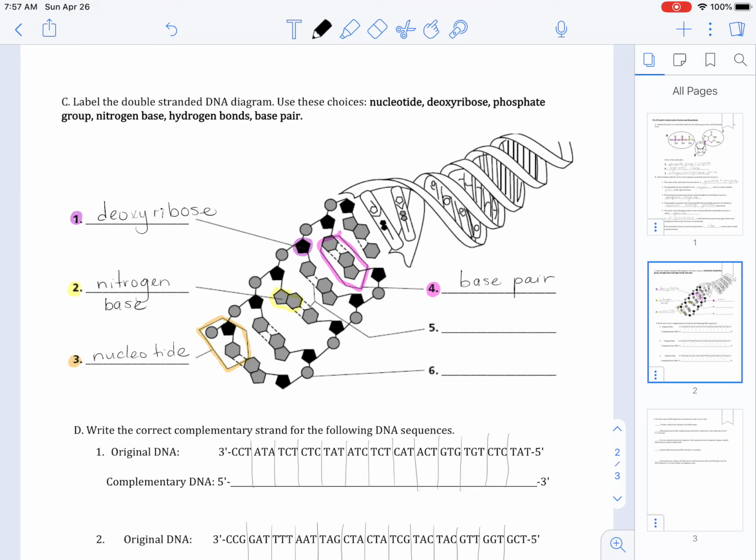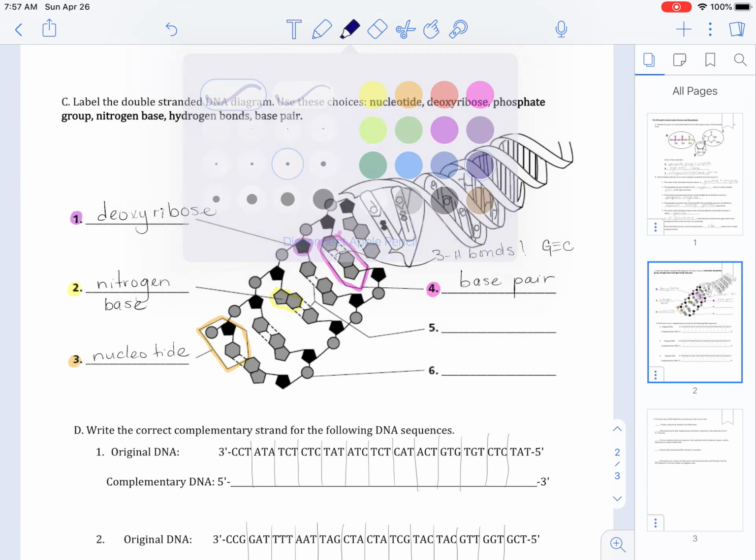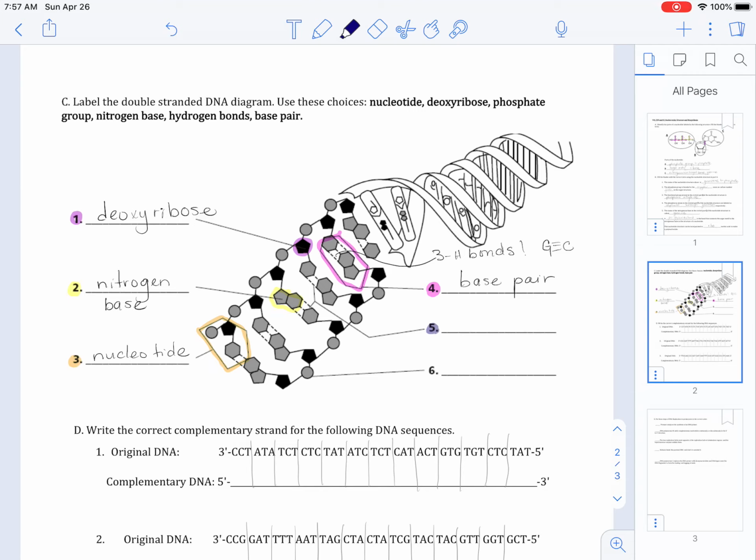And because specifically we have 3 hydrogen bonding events, this implies that this is a GC base pair. Number 5, we are comparing the dotted lines to one another.